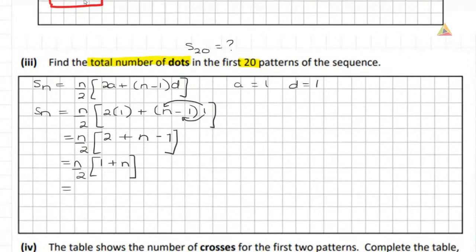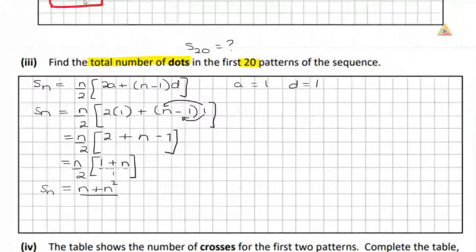And when I multiply this, the top line by the top line gives me n plus n squared over the bottom line by the bottom line, which is 2 times 1. Remember, it's not written as a fraction, but we could write that as a fraction over 1, and 2 times 1 is 2. So my formula for the sum of the total number of dots is going to be n plus n squared over 2, and we're asked to find S20.